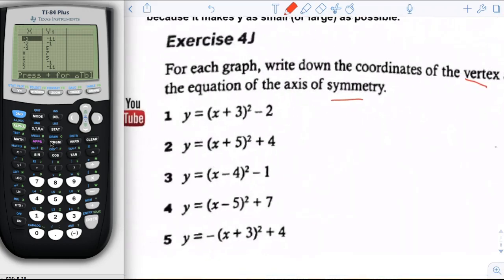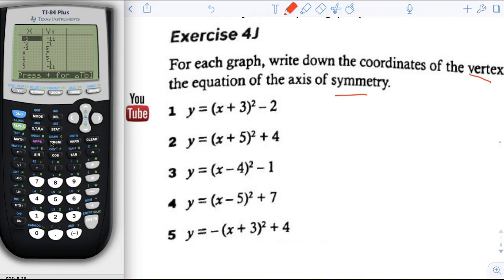So we could take this first one and we could say, okay, let's match this up with the vertex format. And if we do, we can see that k matches up with -2 and h matches up with, let's see, well, -h matches up with 3, right? So we got that -h equals 3, or h equals -3, and we got that k equals -2, right?